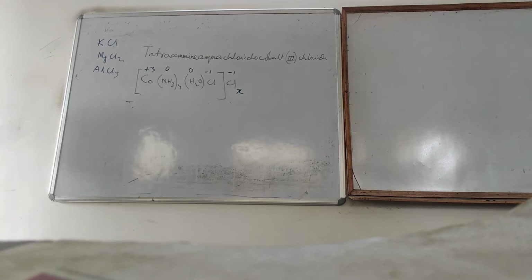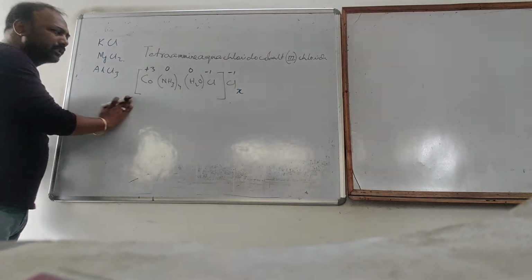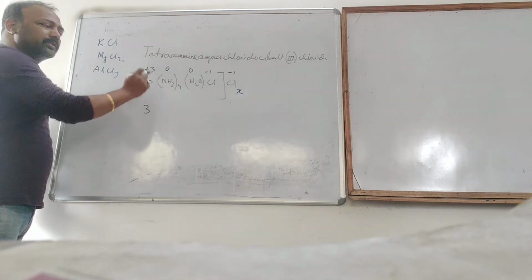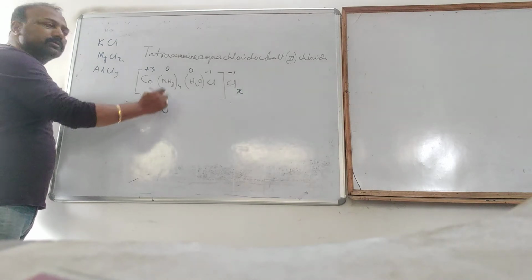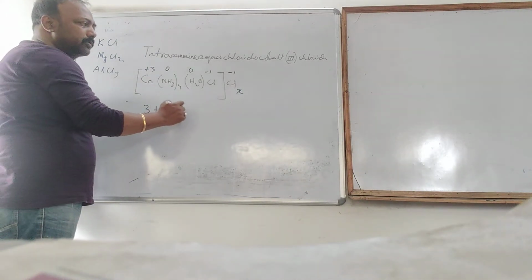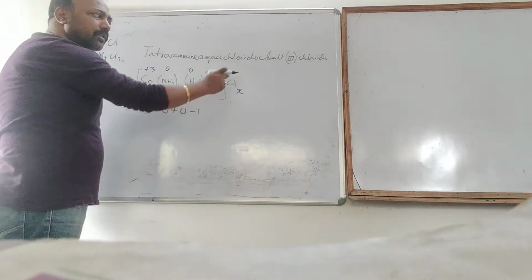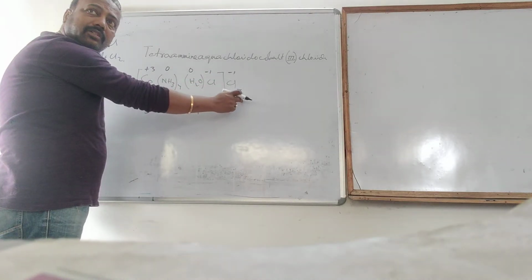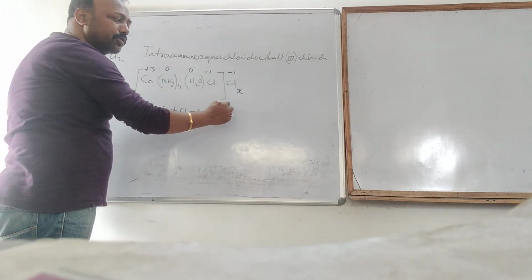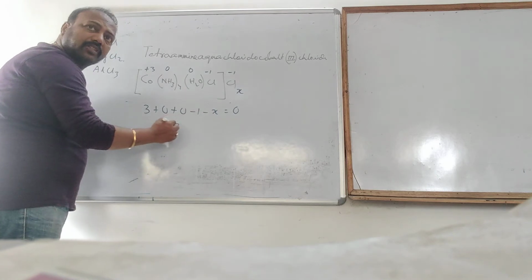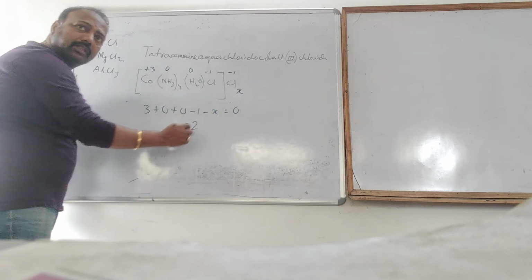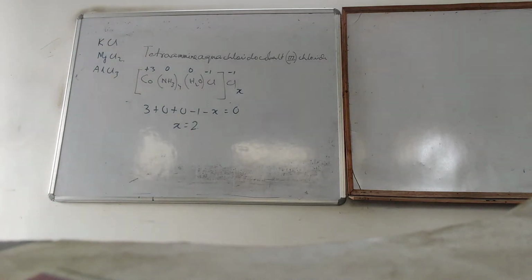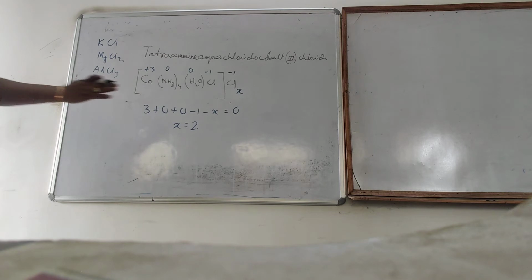Now find out the value of X. See, 3 plus 0 plus 0 minus 1 into X should be equal to 0. So X is equal to how much? Just check it out. Is it coming to 3? Okay. So what should be the formula?